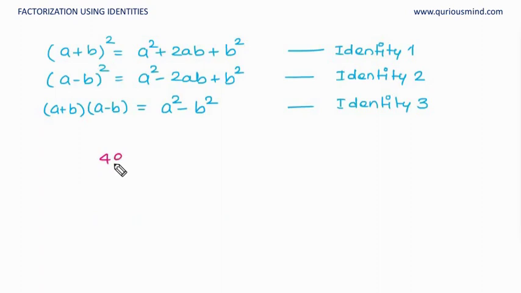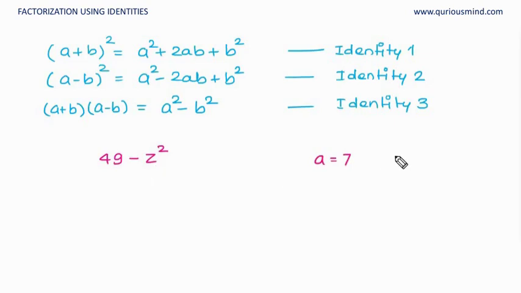49 minus z square. Now I see only two terms. First and second identity have three terms, so they are out of question. Now look at the third identity. It is a square minus b square. First term, is it a square? Yes. So if a is equal to 7, then my first term is a square, 49.